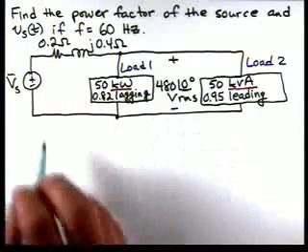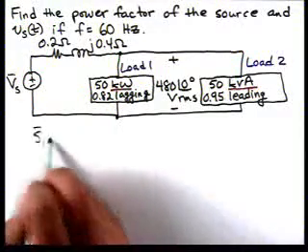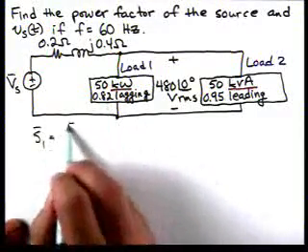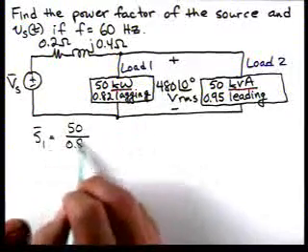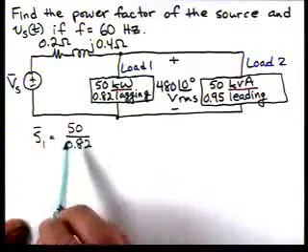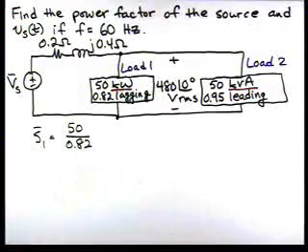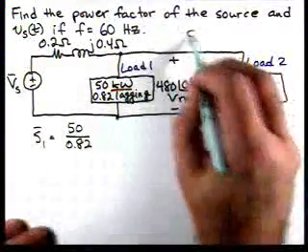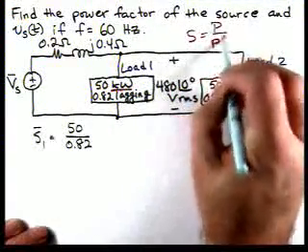So for S1, the magnitude of it is going to be 50 divided by 0.82, and that's P divided by the power factor. If you remember, S is equal to P divided by the power factor.